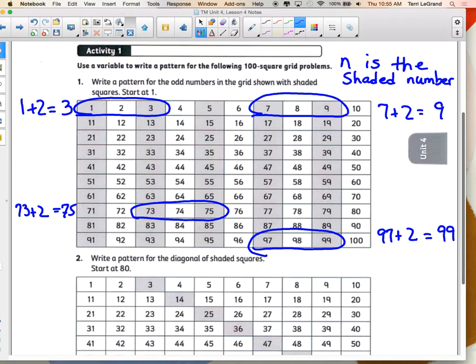Okay, well then what's the algebraic pattern? Write it down. What's going on in this? What are you going to write? How are you going to describe that algebraically?